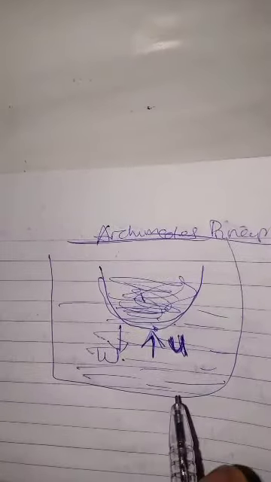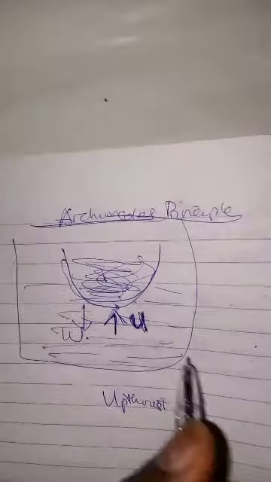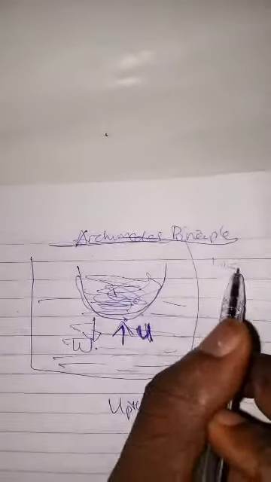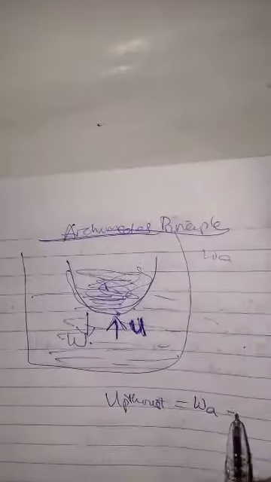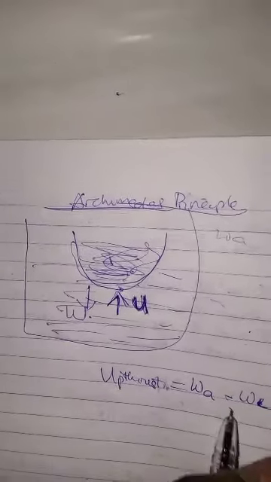So the formula for upthrust is the weight of the body in air, which will be heavier, minus the weight of the body inside the liquid.